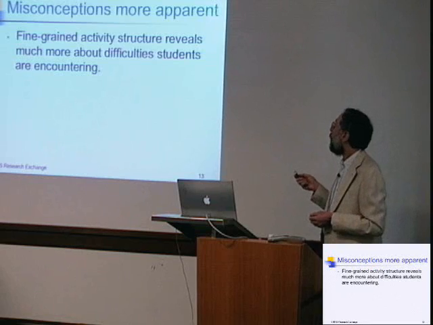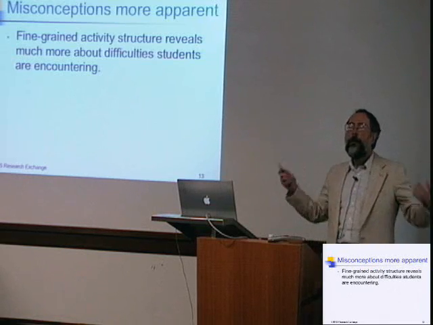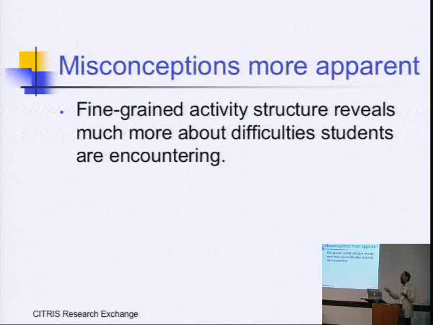One piece of data that we do have, since we have this much more vast quantity of online information, is a much better picture of where the students are at and what they're having trouble with.